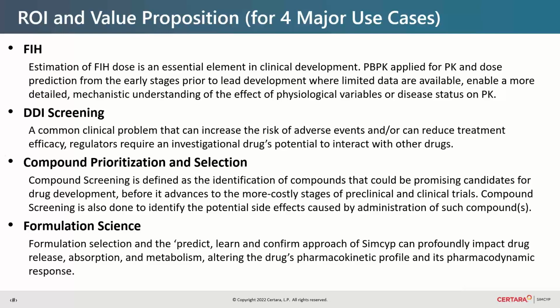And then, of course, another aspect is formulation science, whereby based on in vitro characteristics, we can help to optimize the characteristics, be they physicochemical, as an example, of new compounds.